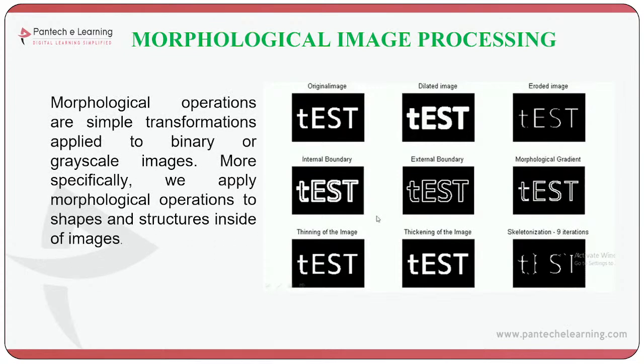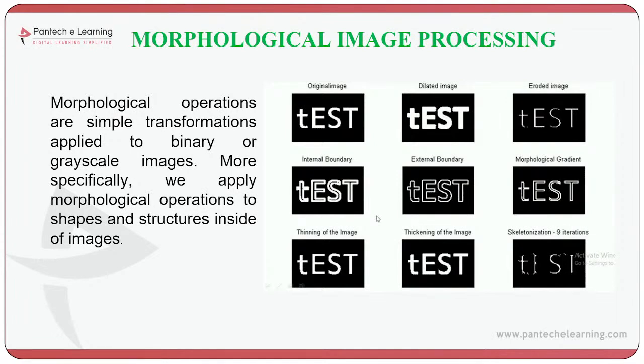Morphological image processing is generally concerned with shapes and properties. If you are given an object, that means an image, we have to first concern ourselves with the shapes and properties of the object. Morphological image processing is used for segmentation and feature extraction.